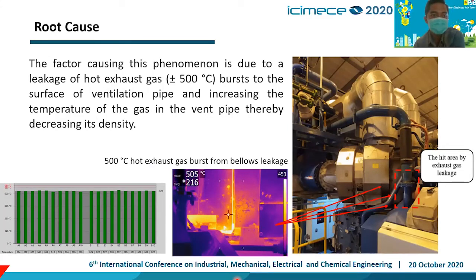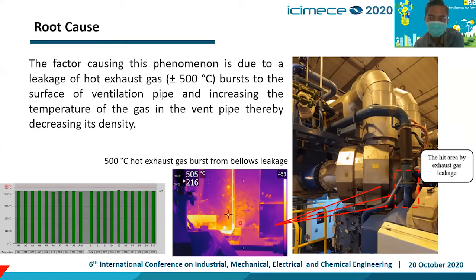From that case, we found a root cause. The factor causing this phenomenon is a leakage of hot exhaust gas, plus minus 500 degrees, bursting onto the surface of the ventilation pipe and increasing the temperature of the gas in the vent pipe, thereby decreasing its density. As we can see here, the exhaust temperature is about 525, and when we check with the thermograph, it's about 505 degrees at the expansion bellows, and we can see there is a leak.